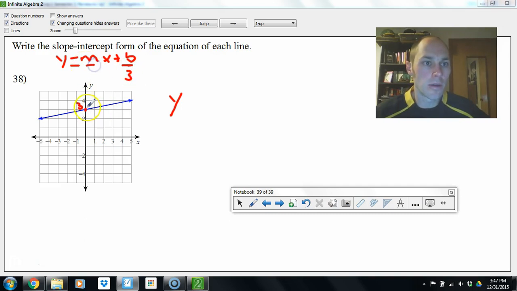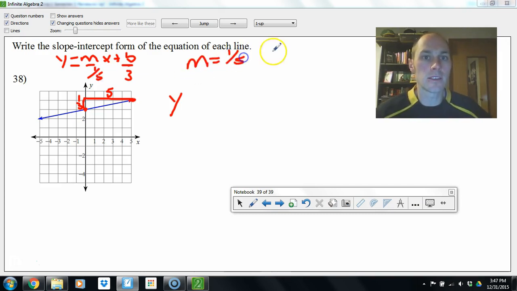And what's our slope? I'll find another place where it crosses evenly. How about here? So it goes up 1 over 1, 2, 3, 4, 5. So our slope would be 1/5. So our slope is 1/5, and our intercept is 3.